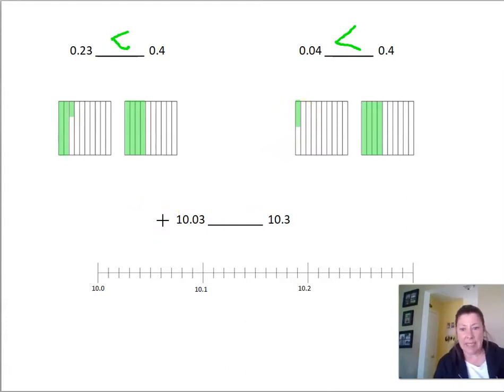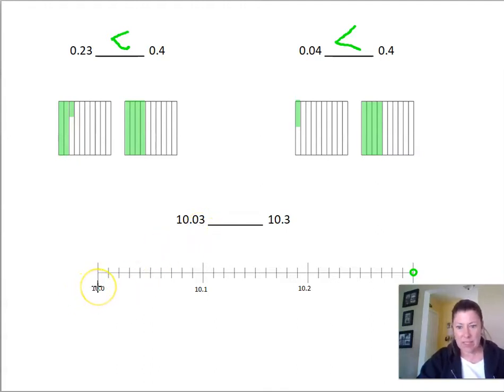This example is in your packet, first part of number 2. And this is using a number line. So I have 10 and 3 hundredths. Remember, those 3 hundredths are the teeny tinier pieces. And then I have 10 and 3 tenths. Well, I'm going to start over here with my 10 and 3 tenths because it's right here. And that 10 and 3 tenths is right there. 10 and 3 hundredths.